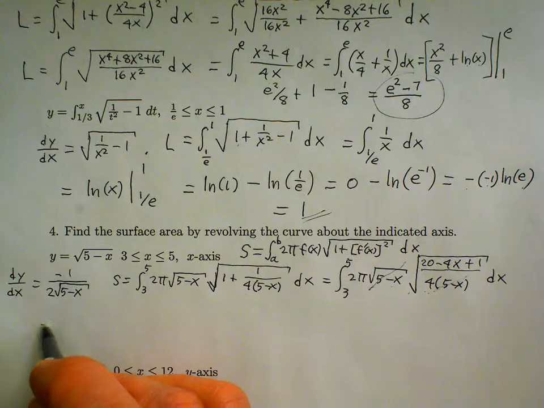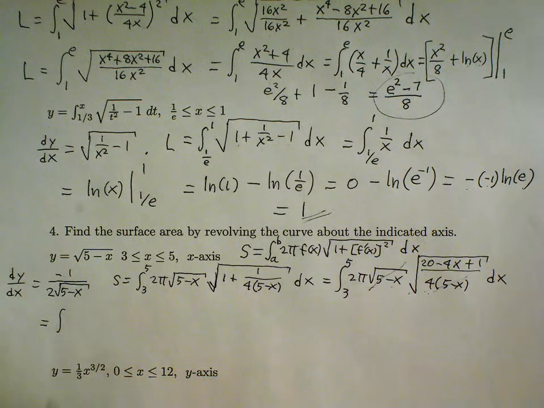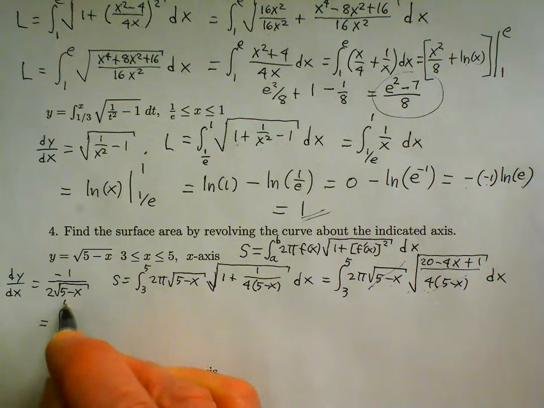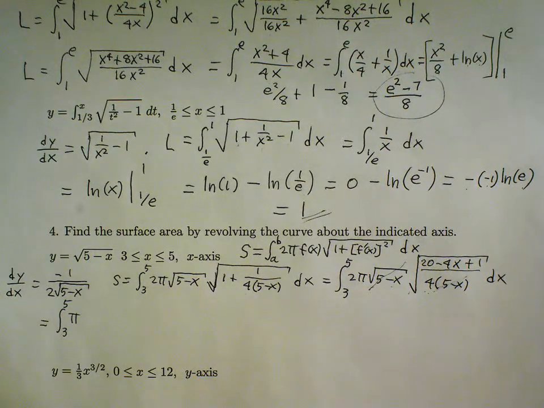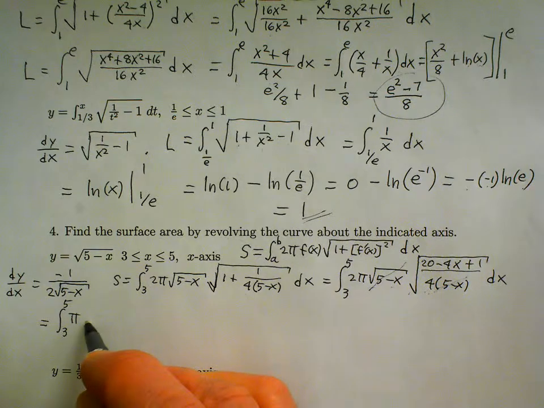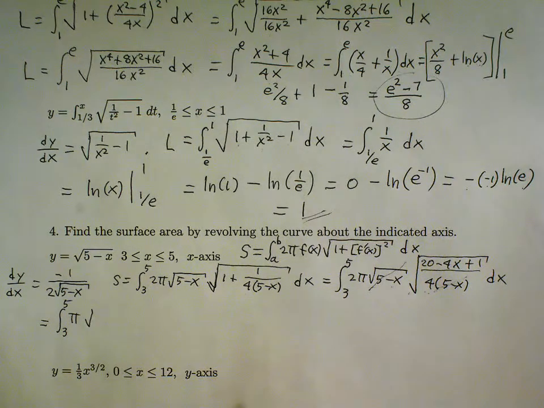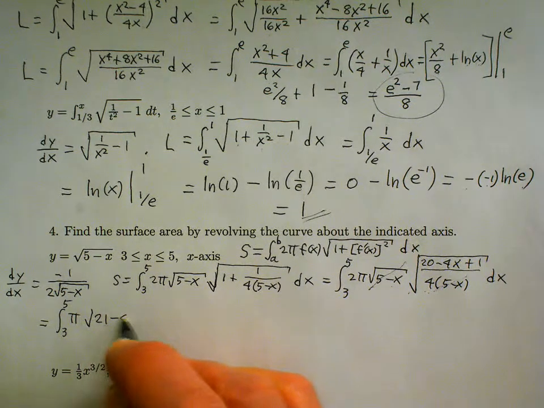So if we write down what we have left after those cancellations, it's the definite integral of pi times the square root of 21 minus 4x.